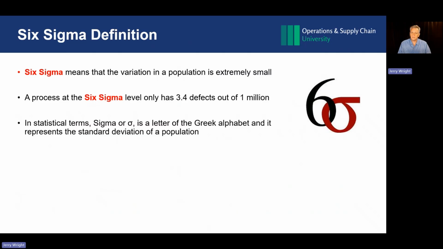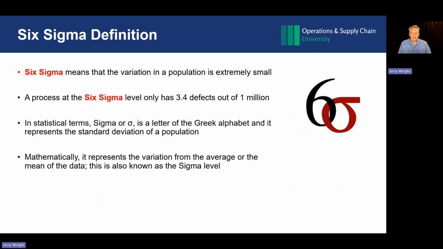In statistical terms, sigma, or you can see the sigma symbol there, is a letter of the Greek alphabet, and it represents the standard deviation of a population of items or data. Mathematically, it represents the variation from the average or the mean of the data. This is also known as the sigma level. So that's where the Six Sigma comes from.